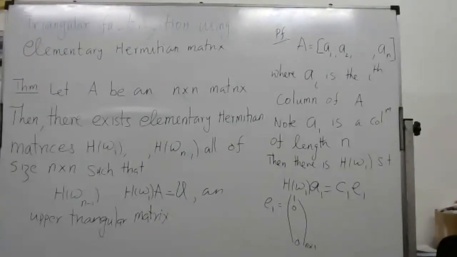So by my previous lemma, I can find an elementary Hermitian matrix H omega 1, which will be of size n cross n, such that when you multiply A1 by H omega 1, we get a constant multiple of the unit vector of size n, that is C1 times E1.